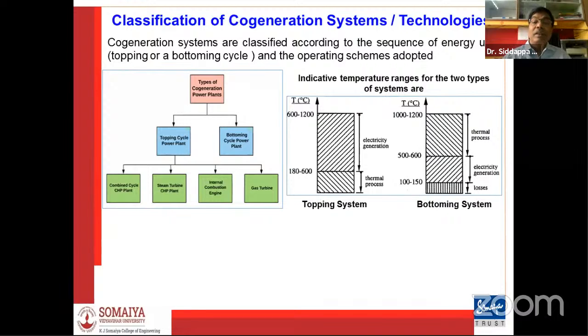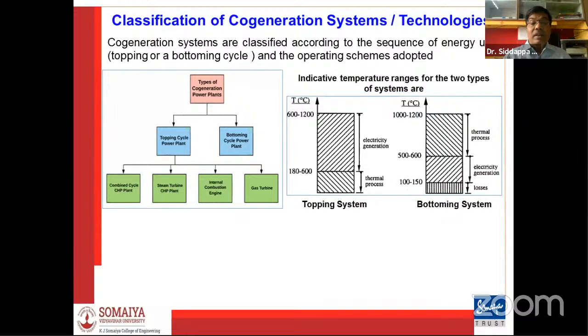That is called thermal process applications. If initially I'm using the high potential for power generation, then the low potential is utilized for different heating systems. That system is called a topping system in cogeneration.